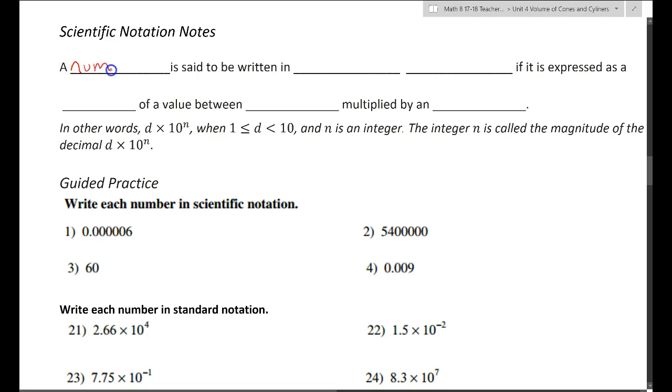A number is said to be written in scientific notation if it is expressed as a multiplication of a value between 1 and 10 multiplied by a power of 10, which is just a fancy way of saying all of this.